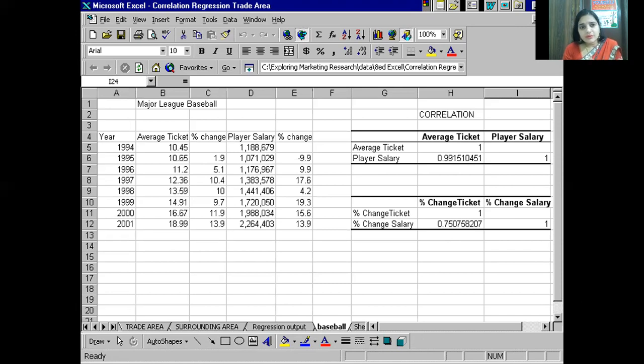This was with the help of an Excel sheet. You can do the same analysis with the help of any software available for statistical analysis, that is SPSS, SAS, Minitab. SPSS is the most widely used software these days. It takes very little space in your system, and it does the analysis beautifully.